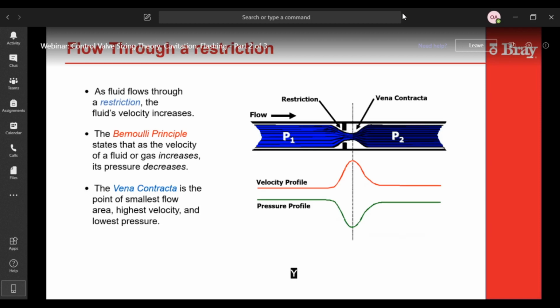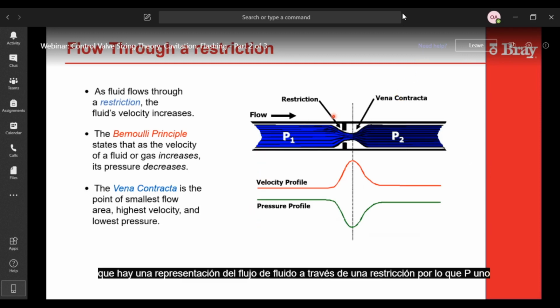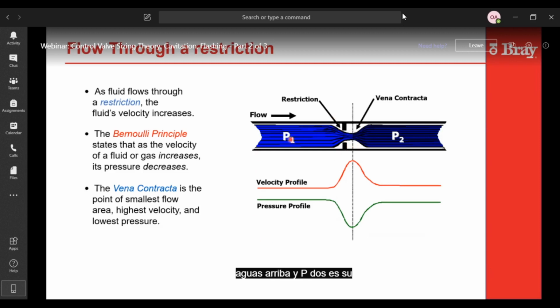As Serge was describing what the FL recovery factor is, there's a depiction of fluid flow through a restriction. P1 is your upstream pressure, and P2 is your downstream pressure. In order for the fluid to pass through the smaller area, which is usually the valve trim, the velocity increases.